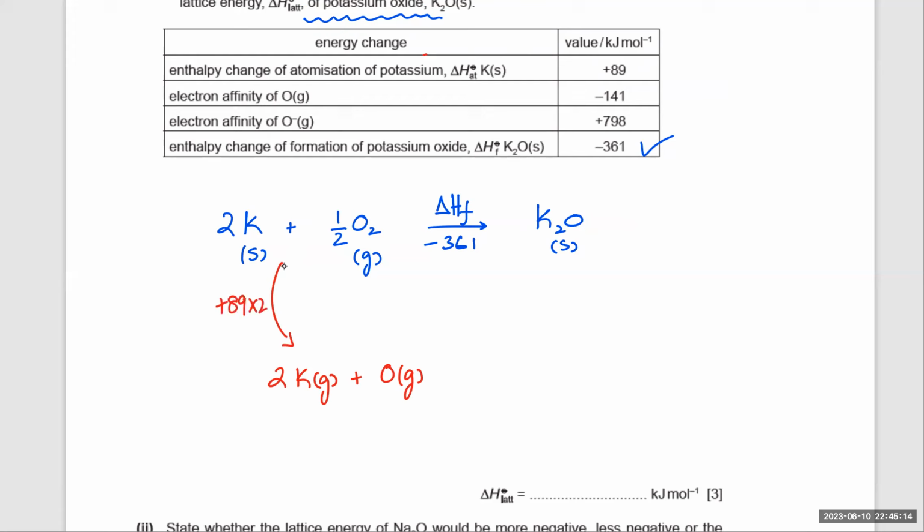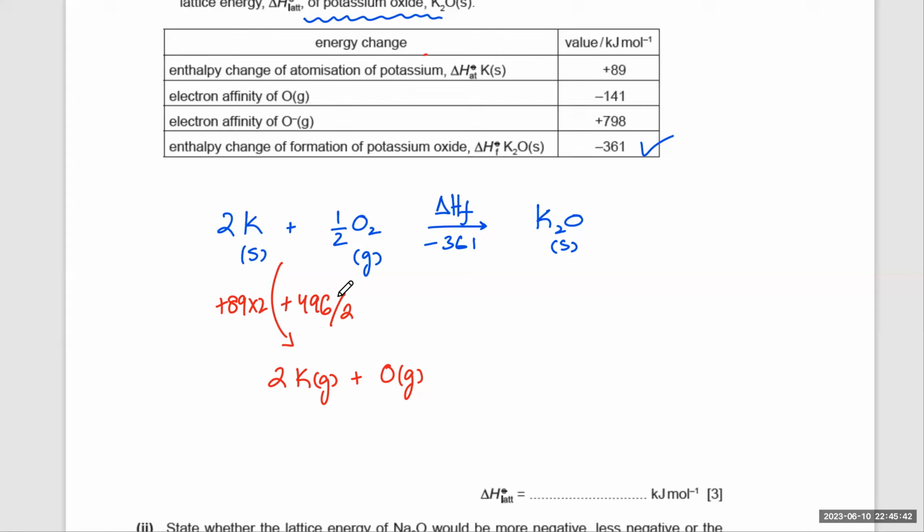Is that clear? And for oxygen, I need to turn it into gaseous atoms. For this, I can use the bond energy of oxygen, which is in the data booklet, given as 496. It's going to be divided by 2 because I'm breaking half a mole of oxygen, right? Is this clear?